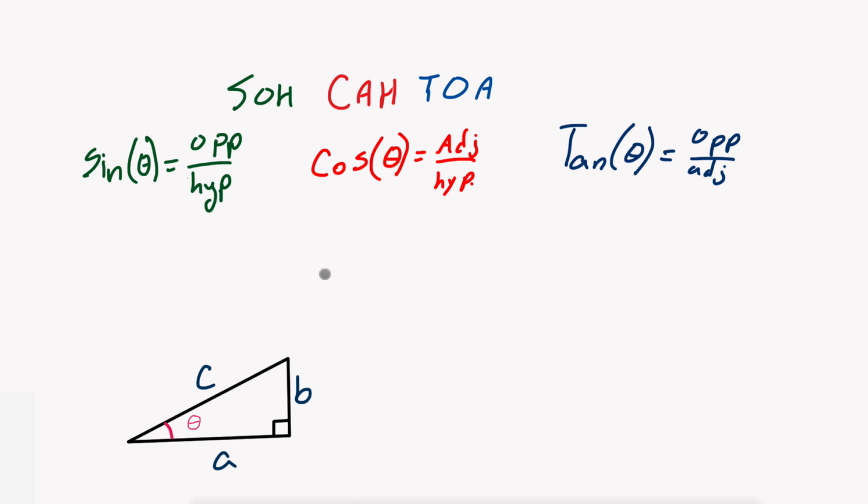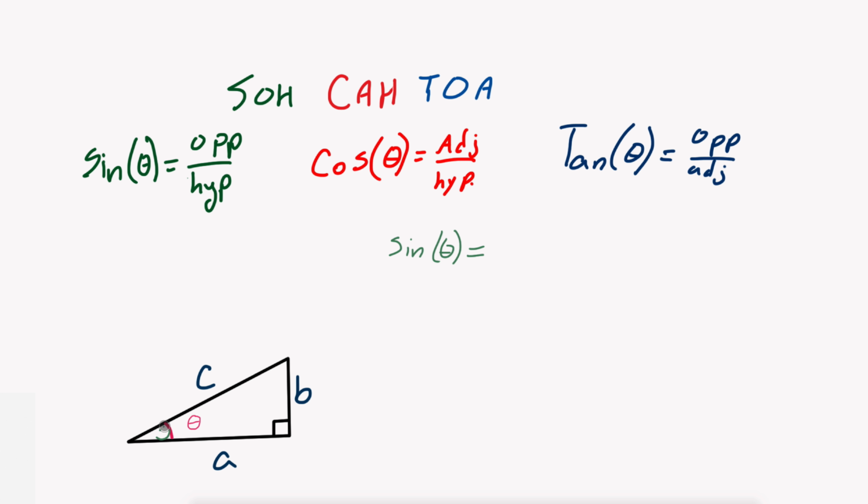Okay, so for Soh-Cah-Toa, we'll go ahead and just write this out. So sine of theta, or angle theta, is going to be equal to the opposite. Now, a good way to figure out which side is opposite is if you go ahead and just draw yourself as the angle theta.